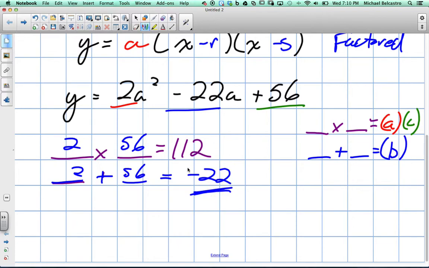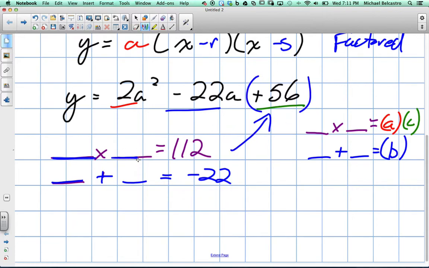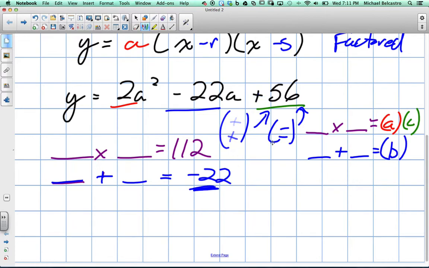And this is interesting, this negative term here. Okay, what that means is one of our factors, at least one, maybe both, need to be negative. By looking at our last term, and this is what tells us how many of these terms will be positive or negative, because it's a positive, that means I either have 2 positive numbers that multiply to this, or I have 2 negative numbers that multiply to this. Since the middle term is negative, that means I'm probably working with a pair of negative numbers.